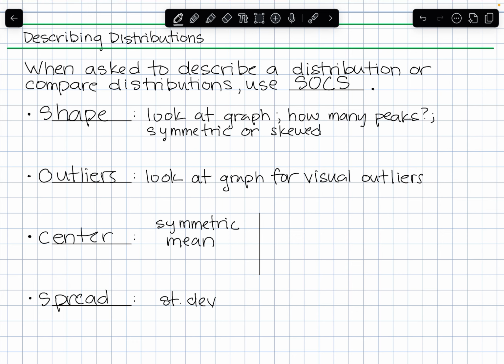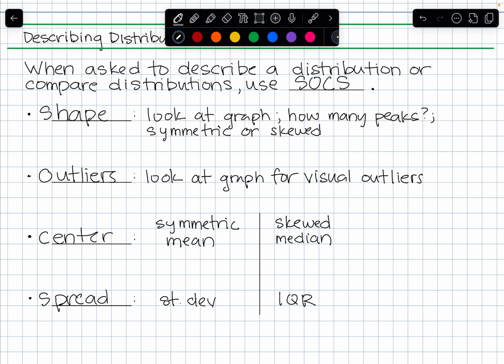If my data is skewed, there's the presence of extreme values, or that peak is noticeably off-center, I'm going to use the median as my measure of center, and I'm going to use the IQR as my measure of spread. And we're doing it because these two values are resistant to outliers.